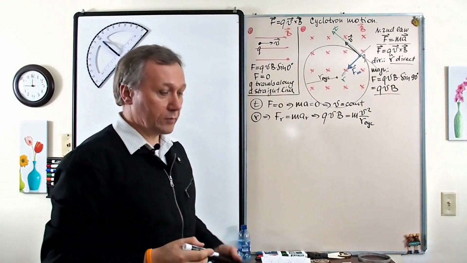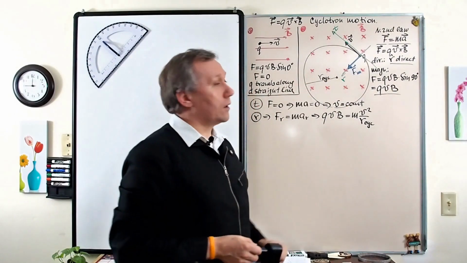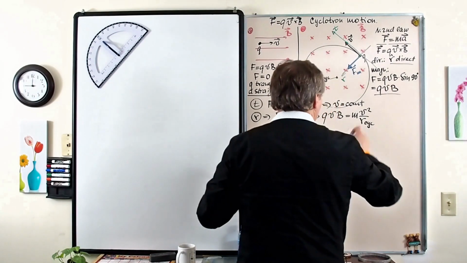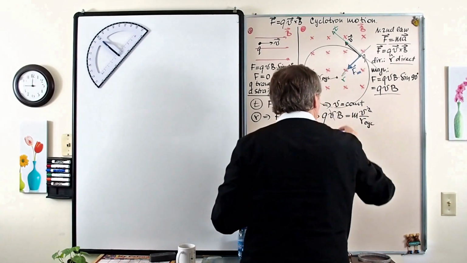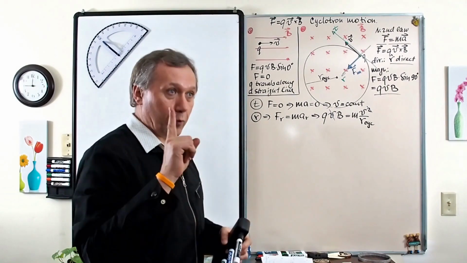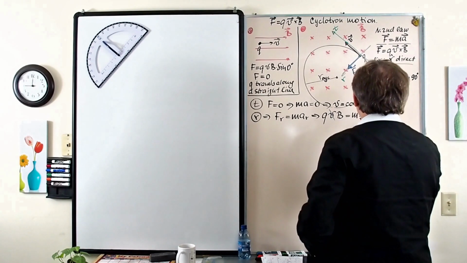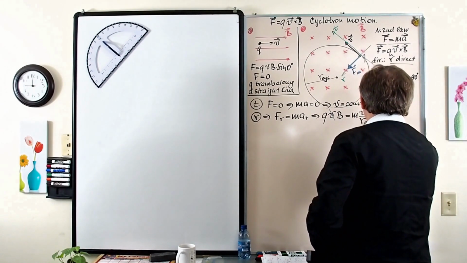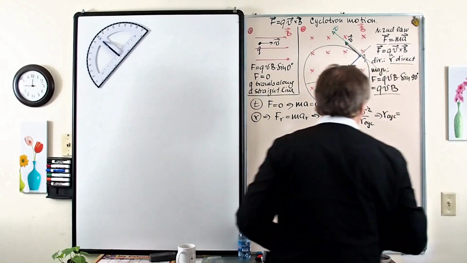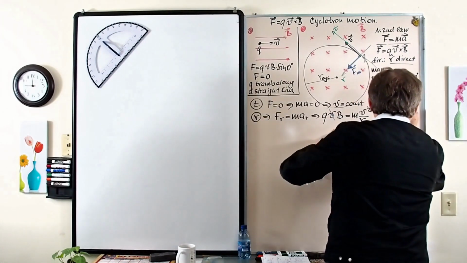Now this can be easily solved for the radius of this trajectory. One r can be cancelled, and as a result we get the formula for the radius of the circle in cyclotron motion. R cyclotron equals mv divided by qB.